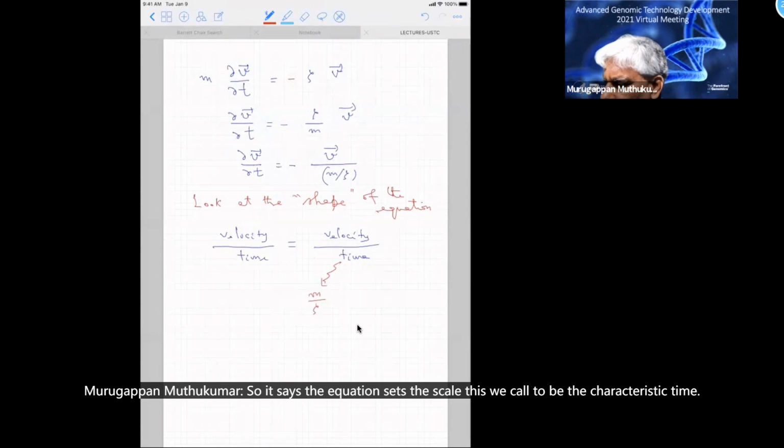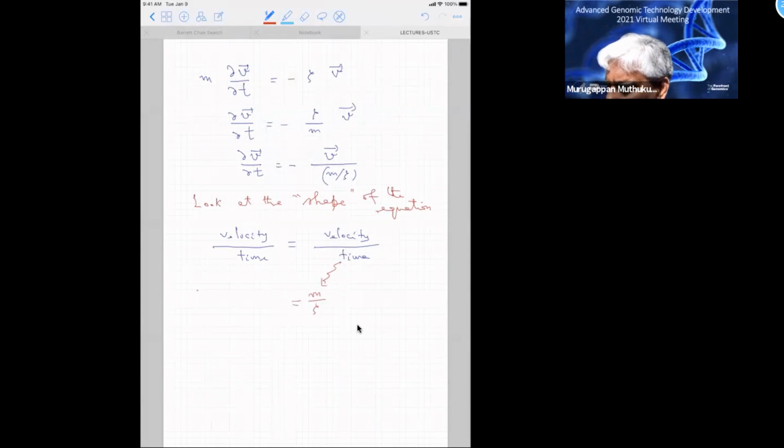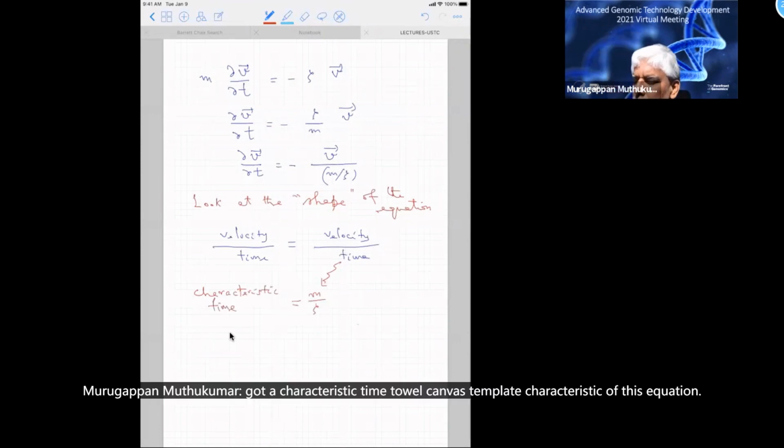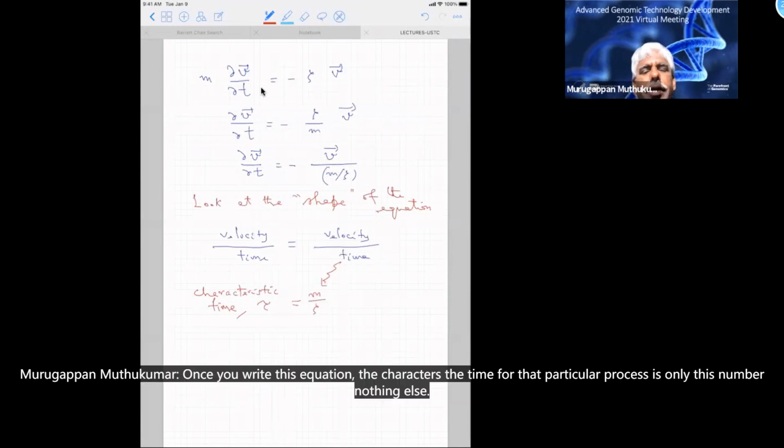This we call the characteristic time, tau, the characteristic time of this equation. Once you write this equation, the characteristic time for that particular process is only this number, nothing else.